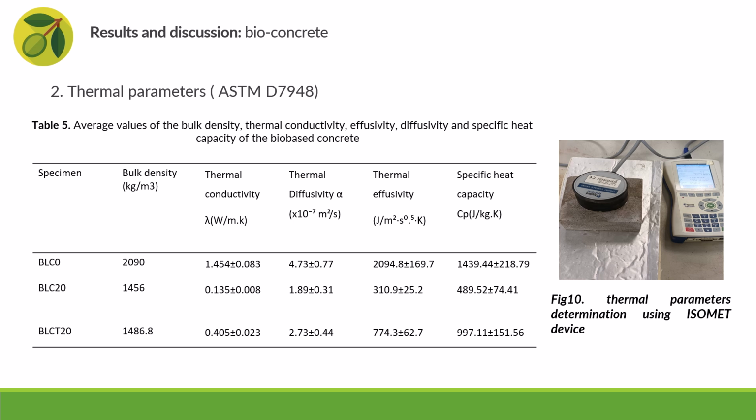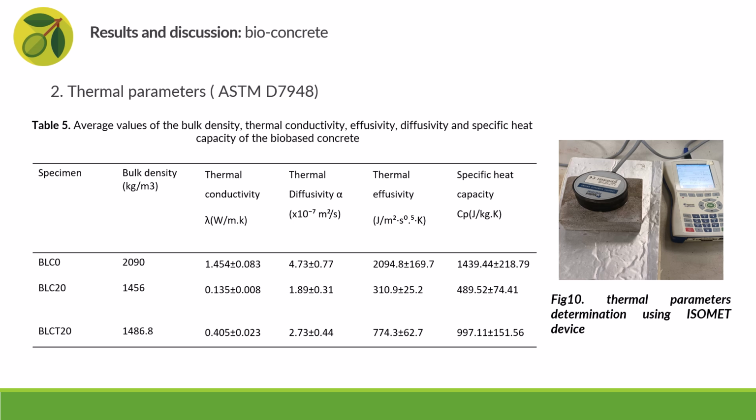The reference concrete has a thermal conductivity of about 1.45, which is typical for dense mineral-based concrete. With the incorporation, though, of 20% untreated olive husk, thermal conductivity decreases dramatically to 0.135.